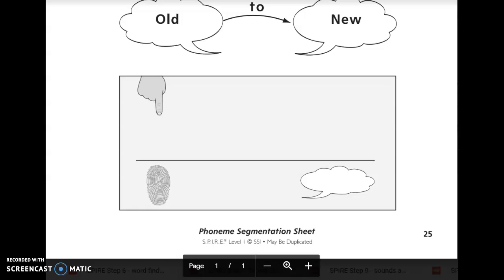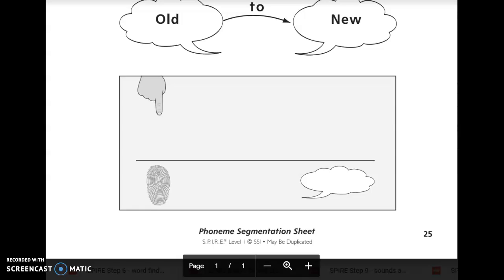So we'll go on to the next, and the word is yes, and then get, and then best. So I'm curious to see who was able to tap out that last word, because it does have a blend.